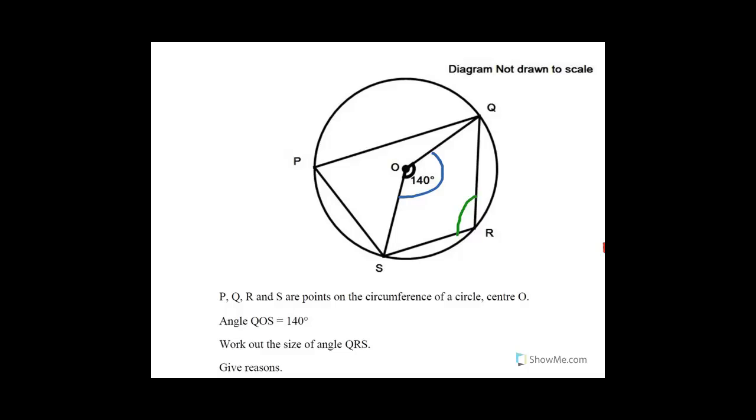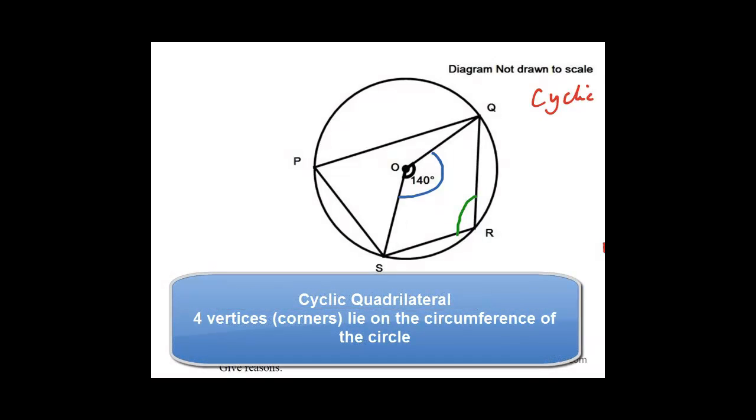if we look at the question, it says P, Q, R and S are points on the circumference of a circle. So what can we say about the quadrilateral PQRS? Well, it's a cyclic quadrilateral. And what do we know about the opposite angles in a cyclic quadrilateral?